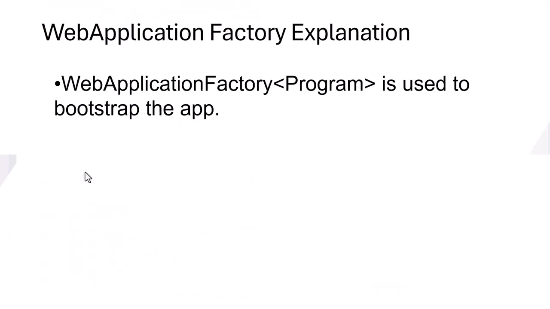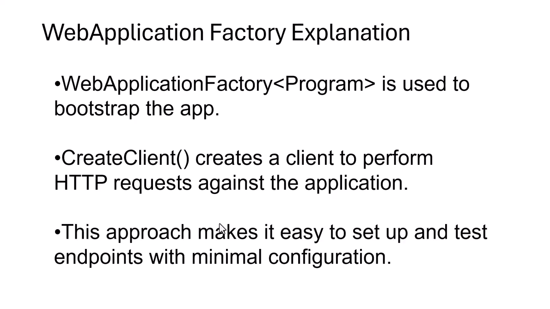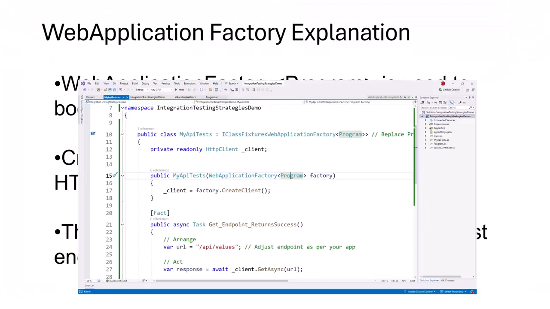Now let's see how to explain Web Application Factory. Web Application Factory with Program is used to bootstrap the app, and CreateClient creates a client to perform HTTP requests against the application. This approach makes it easy to set up and test endpoints with minimal configuration. We have already seen all of these things.